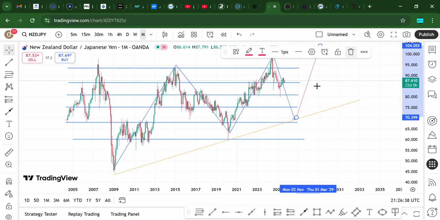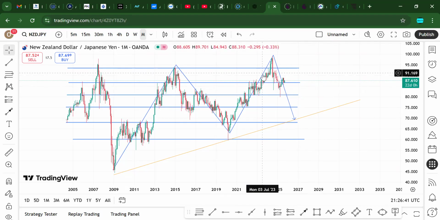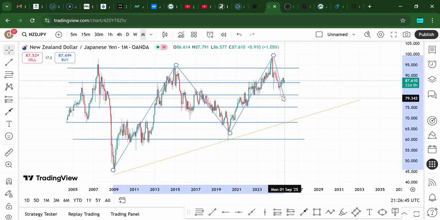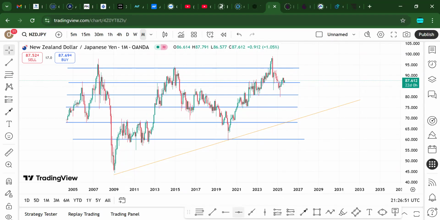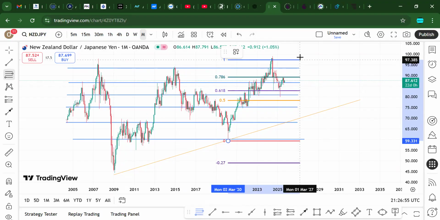start moving upwards. Now, the only way we can know if this retracement is enough for it to start moving upwards, let me take this out, would be to include a Fibonacci retracement tool from the swing low to the swing high.